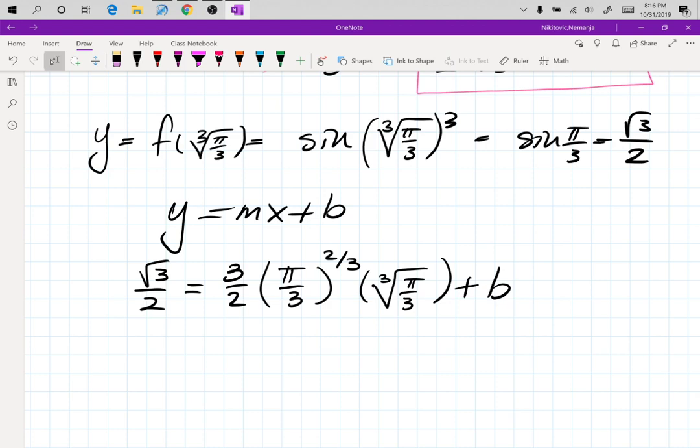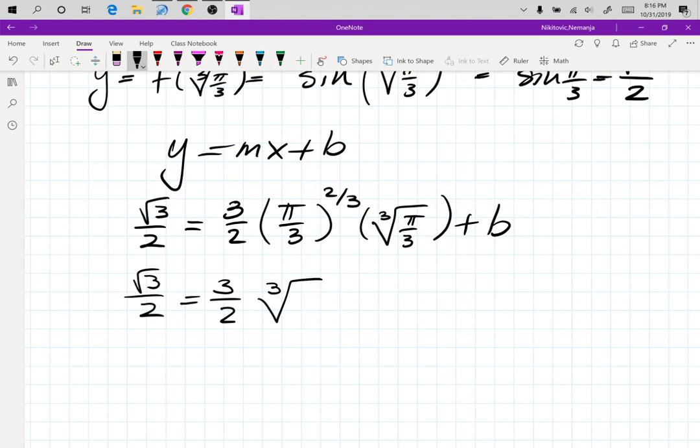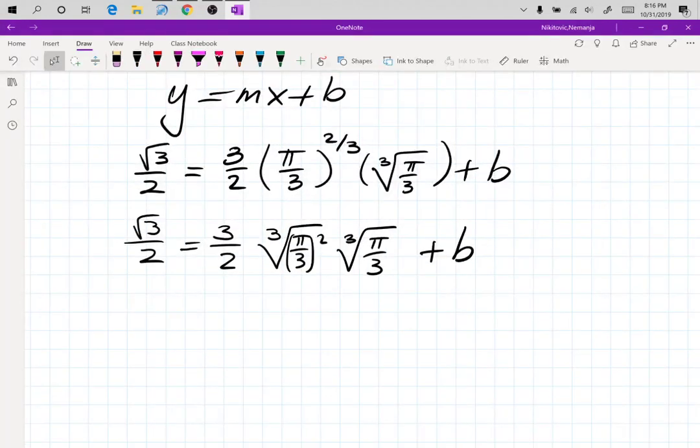Now, we can make this much better. If I write this as a cube root of pi over 3 squared and multiply it by the cube root of pi over 3, you see what happens, right? Pi over 3 squared times pi over 3 becomes pi over 3 cubed, and then cube cancels the root.